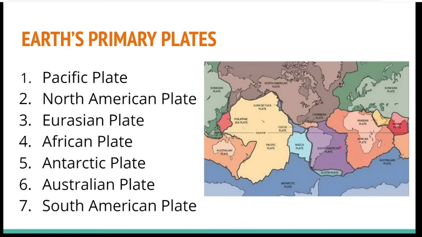However, Pacific Plate is the plate that can be found under the Pacific Ocean. On the other hand, Eurasian Plate is like the combination of Europe and Asia, which basically sits on the same tectonic plate.